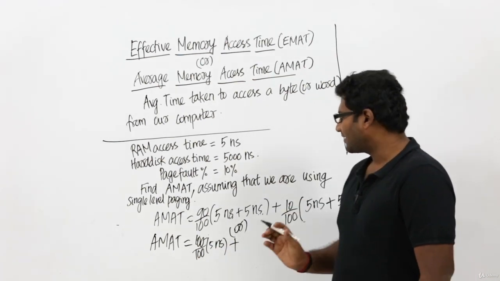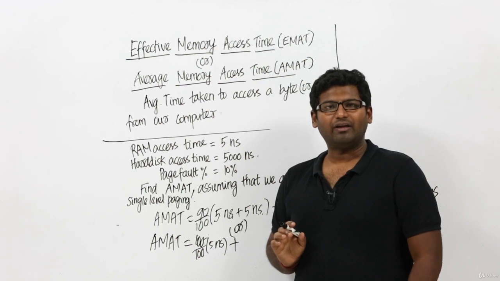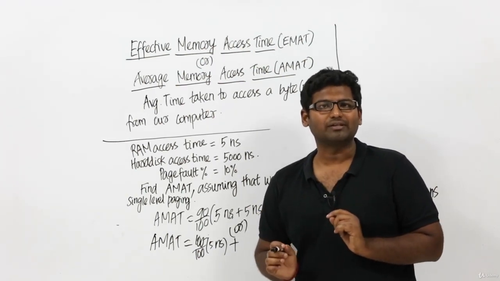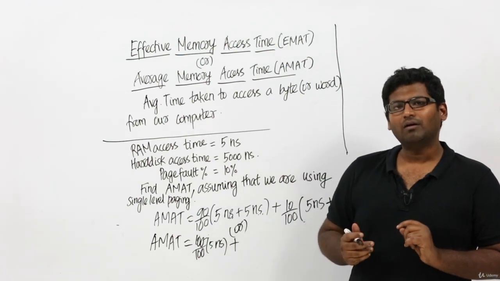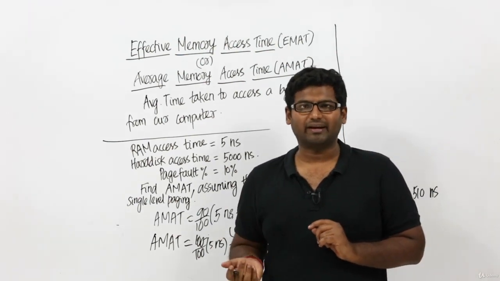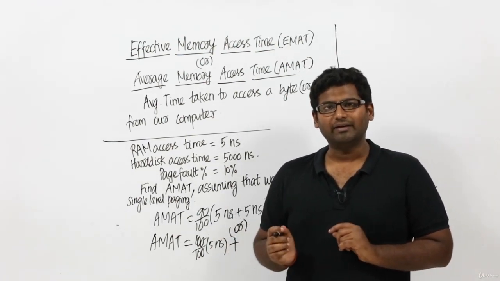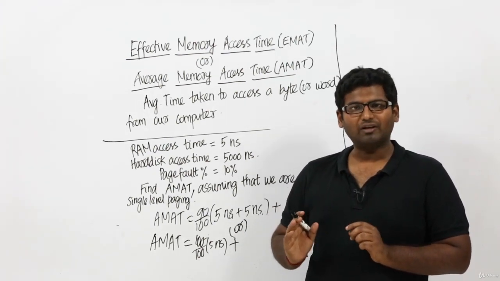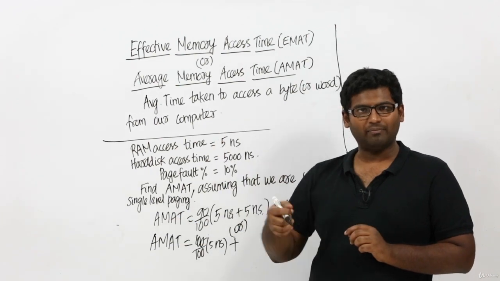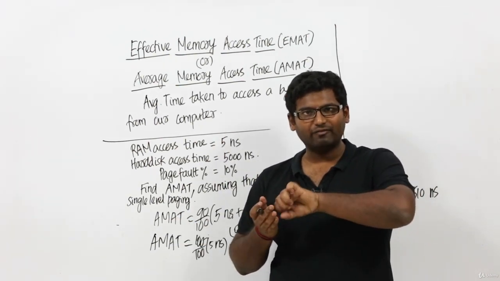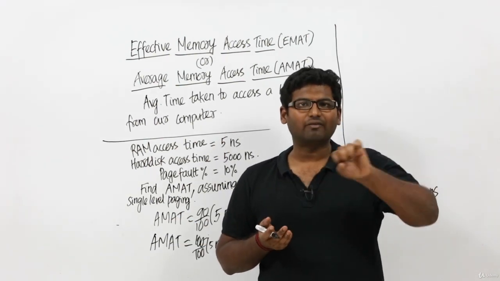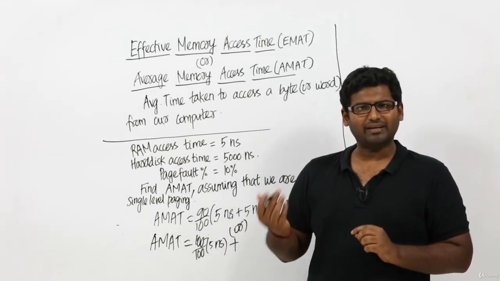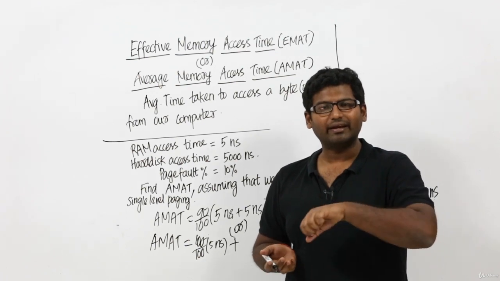Now, after accessing the page table, we are also going to access the RAM once, irrespective of whether the byte is present inside the RAM or not. How? If the byte is not present in the RAM, then after moving the data from hard disk to RAM, we will read the data from RAM, so we will have one memory access. If the byte is present in the RAM, we will obviously be reading the data from the RAM.